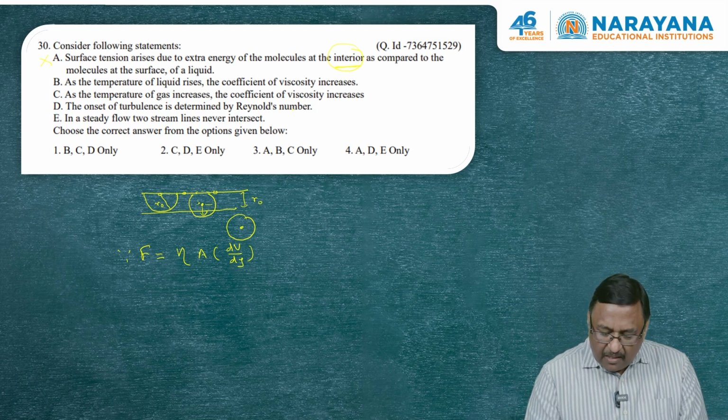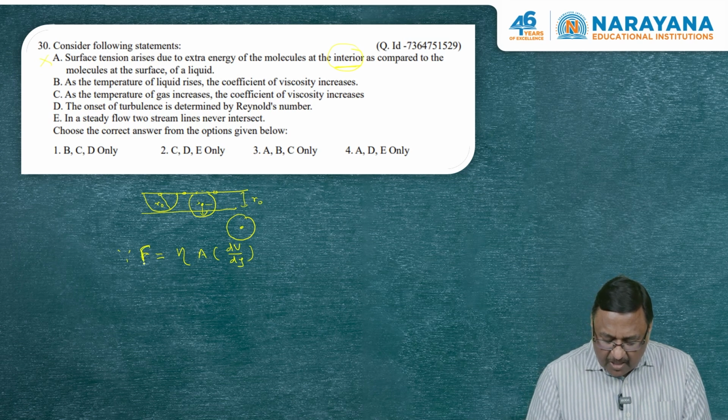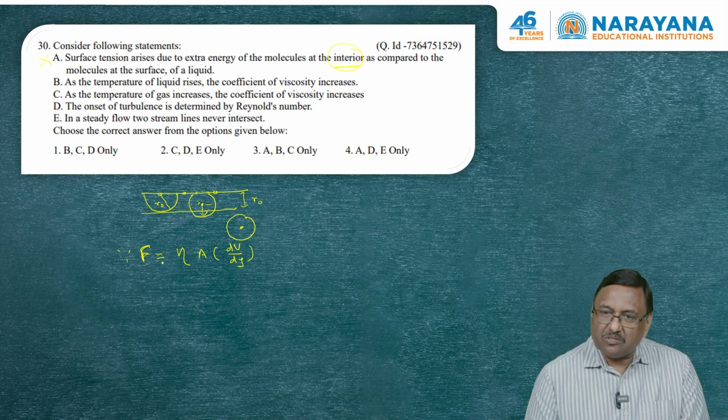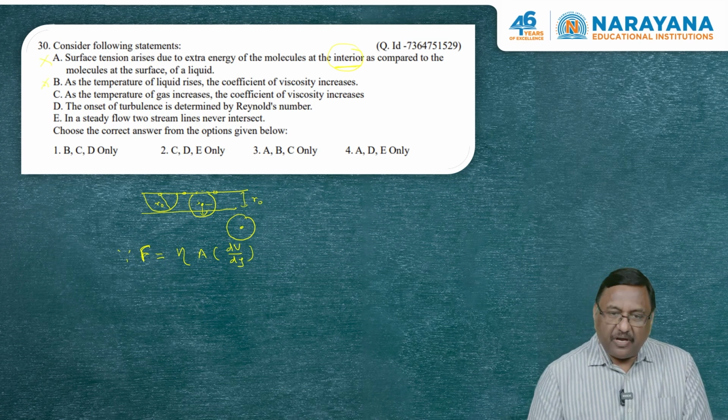With the rise in temperature, the dV upon dy factor becomes a smaller value. In this factor, the viscous force is becoming less, and if the viscous force is becoming less, that means the coefficient of viscosity is also becoming less. So B is also not the right answer.